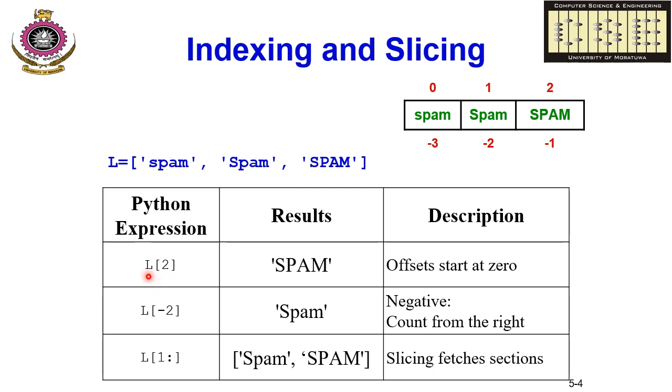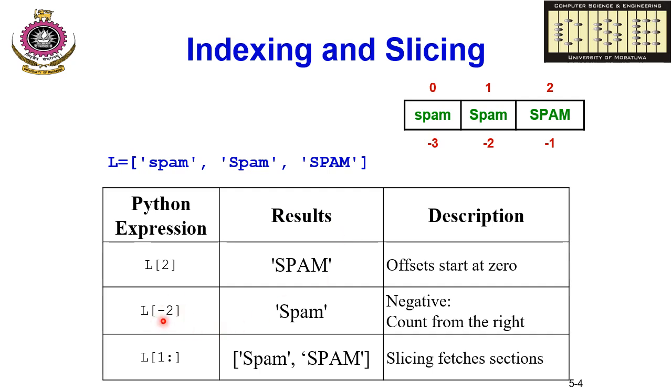So when you say L, this is the example list having 3 different string items, and when you call L within square brackets 2, it will point to the index 2 item, this one. So the result will be spam with the uppercase. The offset starts at 0, and starting at 0, you can go forward in the indexes to access the next elements.